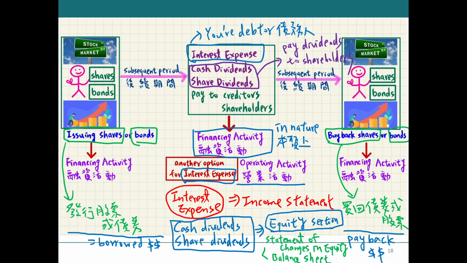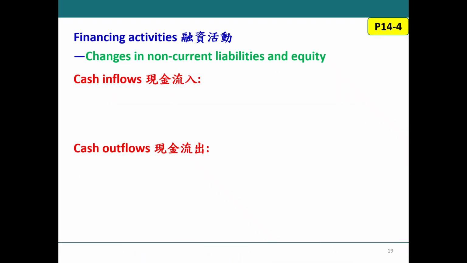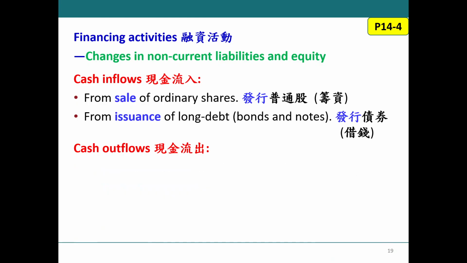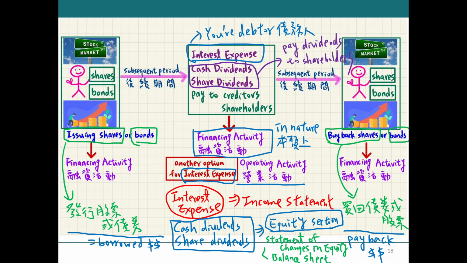So for these three, there is another option. Okay? Any questions? No problem? So we've done 3 activities already.